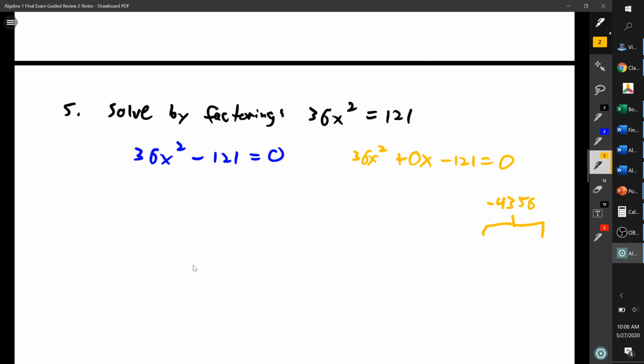But I don't want to do that. Instead, I recognize, oh, this is something squared minus something squared. When I have a term minus a term like that, I can always factor it to be the square root of the first plus the square root of the second, times the square root of the first minus the square root of the second.